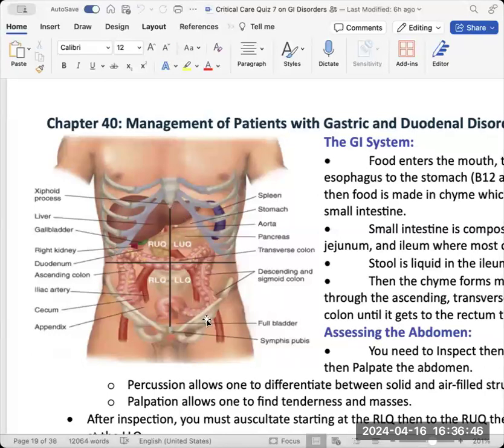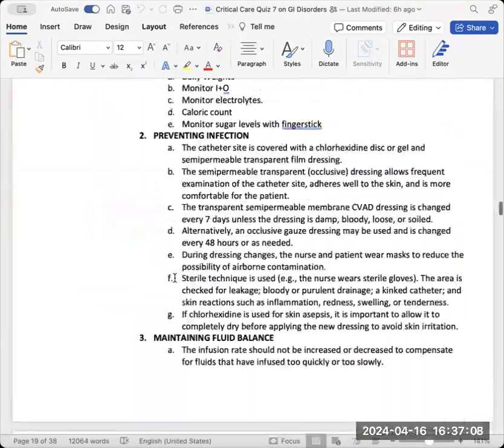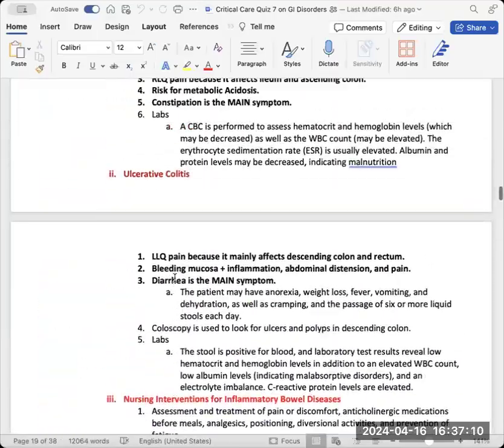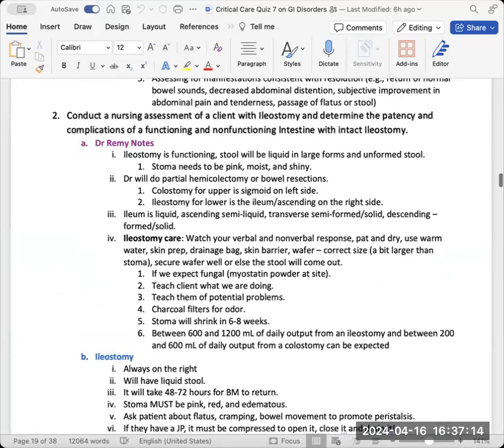When food goes through the intestine, it goes through the ileum, then the ascending, then the transverse, which is between the right upper quadrant and the left upper quadrant, then down into the descending, and then into the sigmoid and the rectum in that left lower quadrant. That's why we always start with the right lower quadrant. But regardless, the ileum is in the right lower quadrant. So thinking about that, an ileostomy should be on the right lower side.